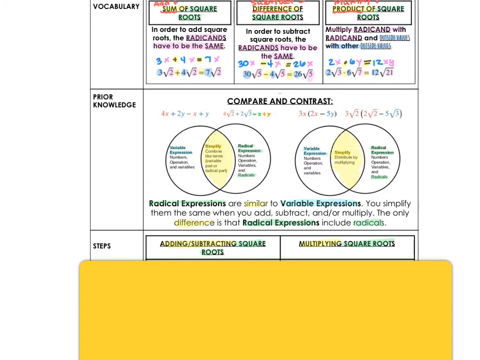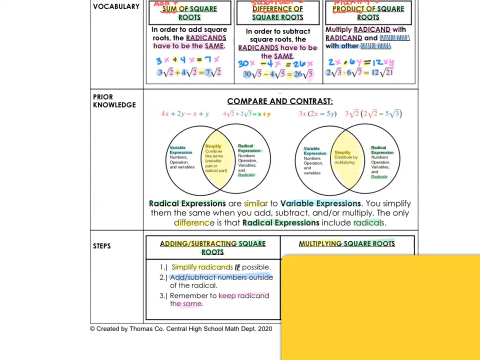Now that we've reviewed some vocabulary and used some prior knowledge to make a connection between what we already know and the new content, let's look at how we can follow the steps to adding and subtracting square roots and/or multiplying square roots. It is a three-step process in order to add or subtract square roots. The first step is to simplify the radicands if possible.